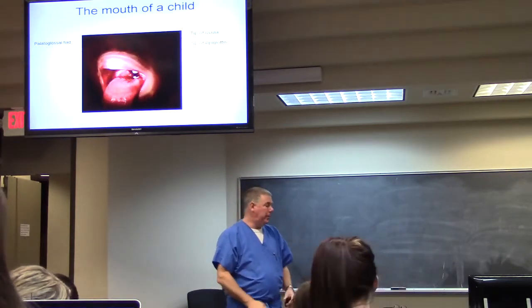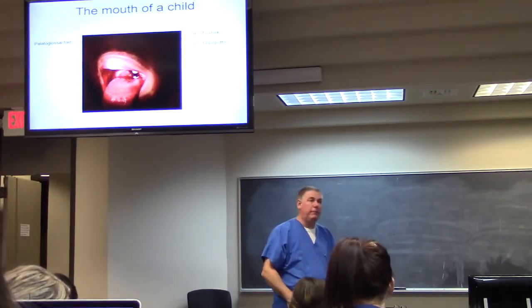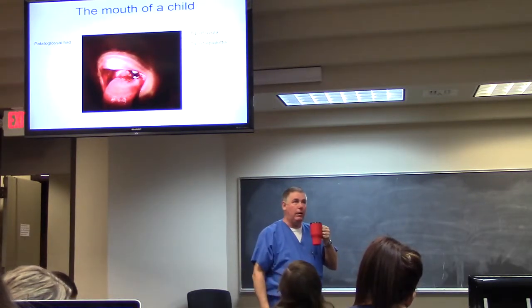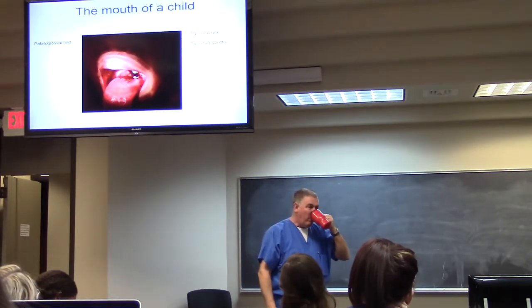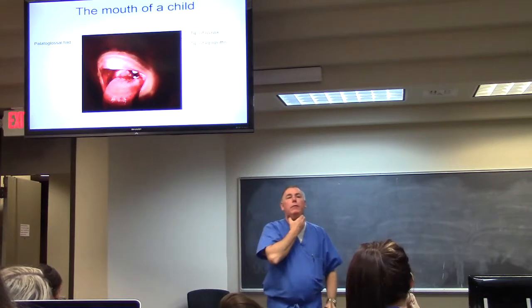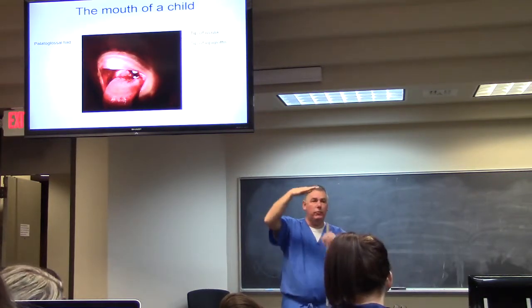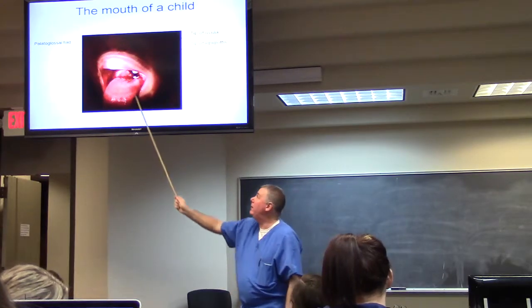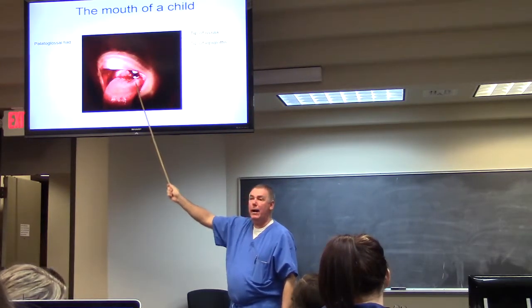So, I put this in here because this always fascinates me. When you look in the mouth of a child, this is a normal mouth of a child. Because their larynx is up so high, their head is sort of squashed. When they say ah, you can typically see the tip of their epiglottis in the back of their mouth.